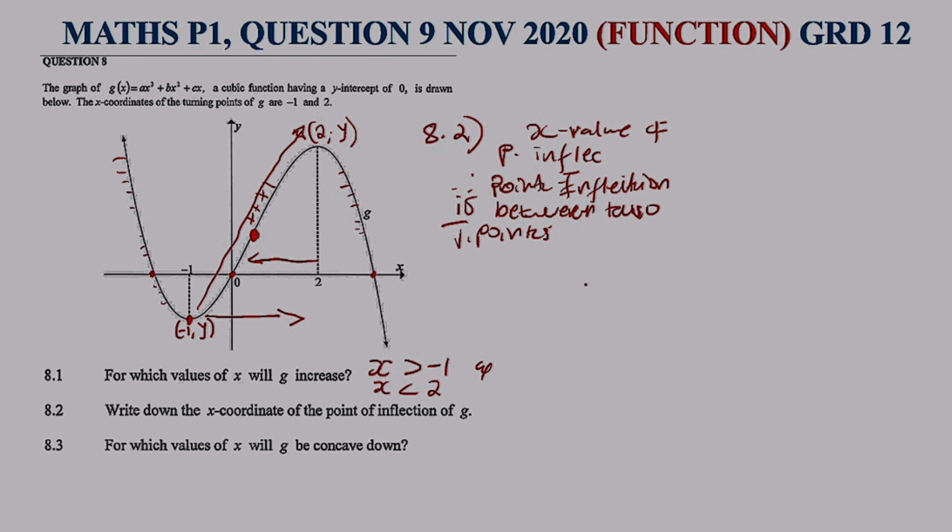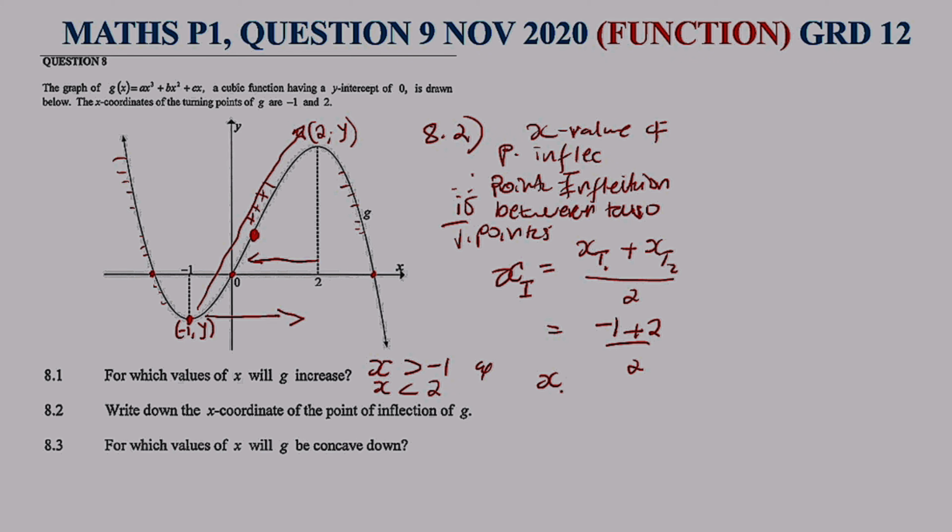So what do you do? You just need to take the average of the two. So the point of inflection is going to be equal to the x value of turning point number 1 plus the x value of turning point number 2, divided by 2. So what is the x value of turning point number 1? It is -1, and then that of number 2 is +2, all over 2.